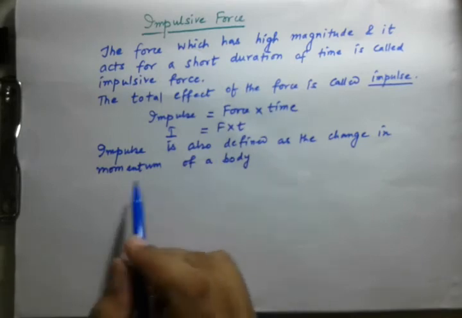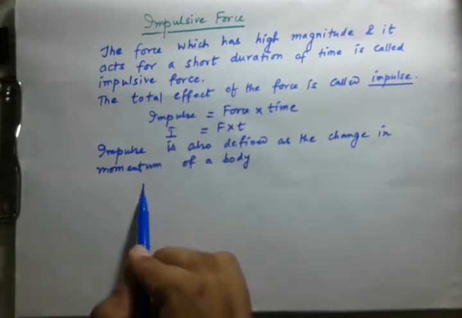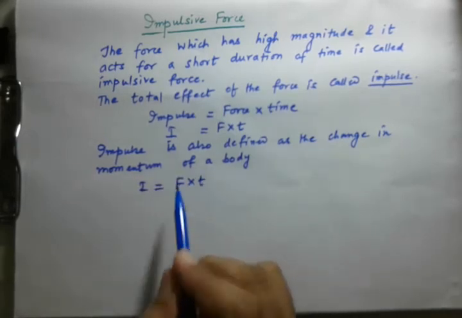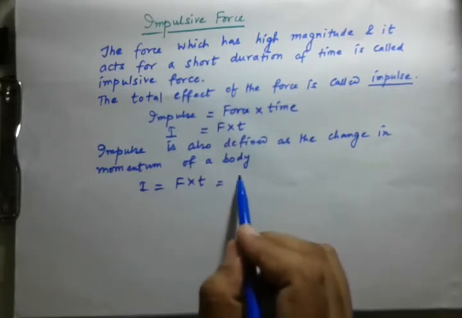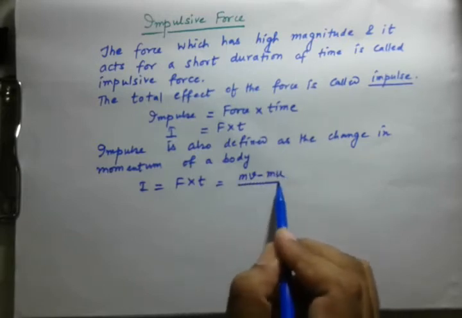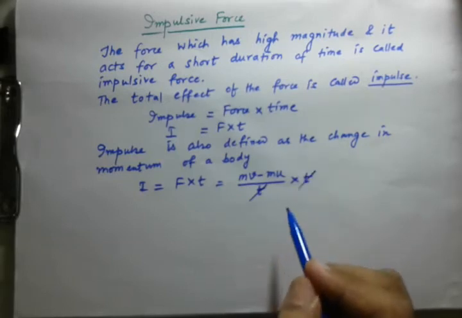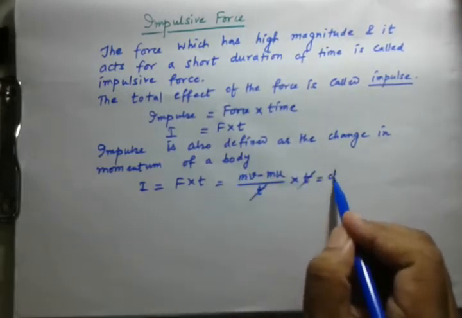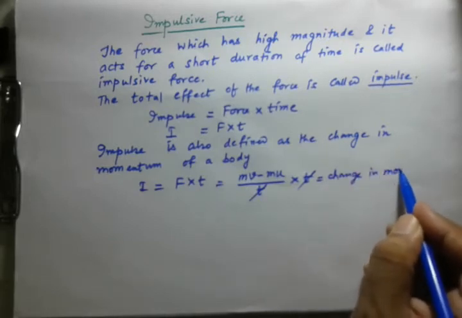Why? Because I is equal to F into T. What is F? F is equal to mv minus mu by t, and this is multiplied with the t. So this t will get cancelled. Then it will become the change in momentum. So I is equal to change in momentum.